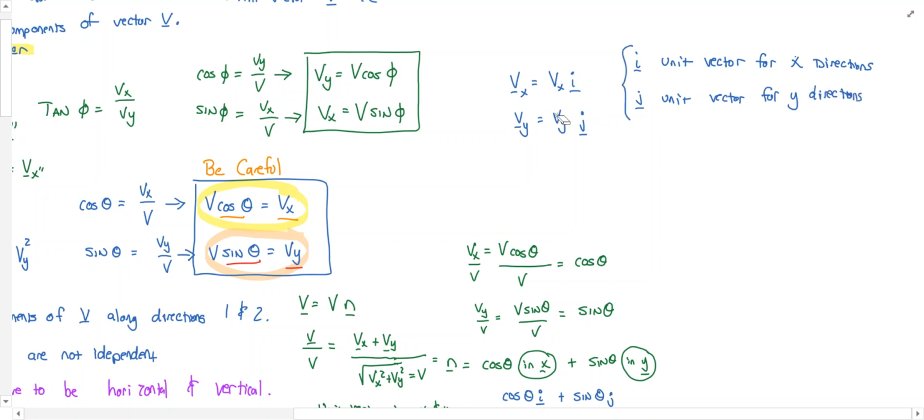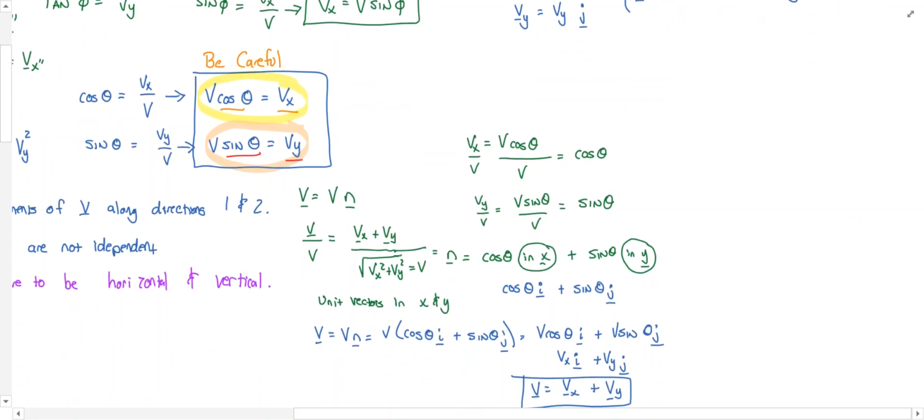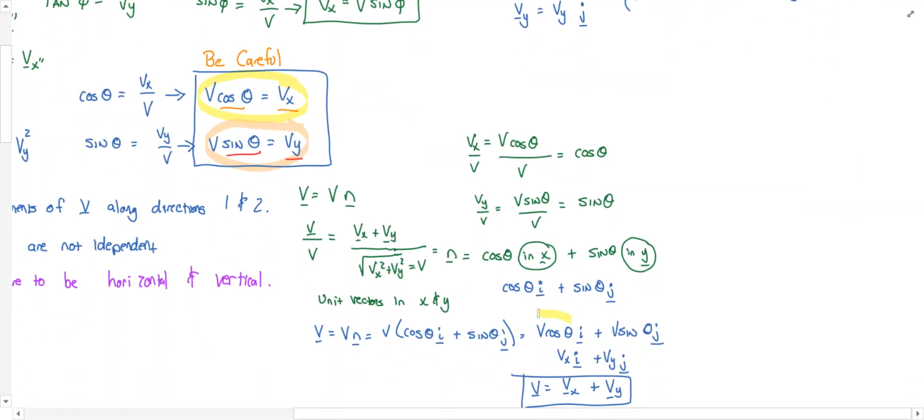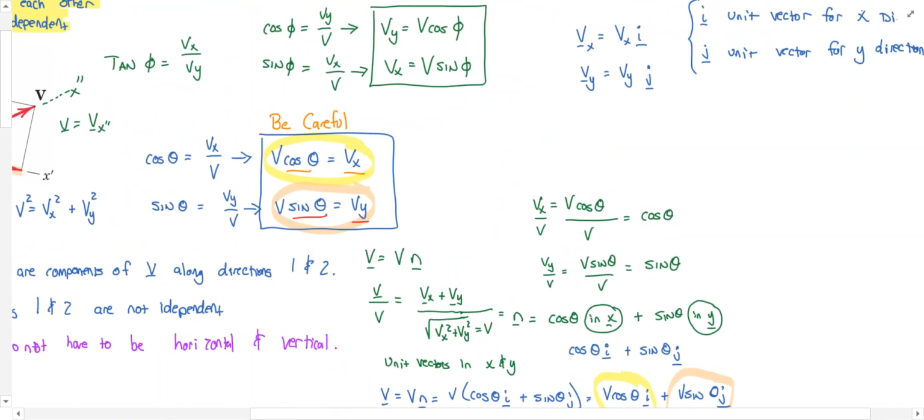And so with that in play, this becomes, I think, a little bit easier to see. So the other way we write Vx is V cosine theta in the i, and then Vy is V sine theta in the j. So that's maybe another way to help you see it a little bit.